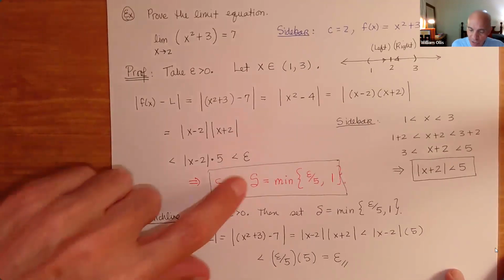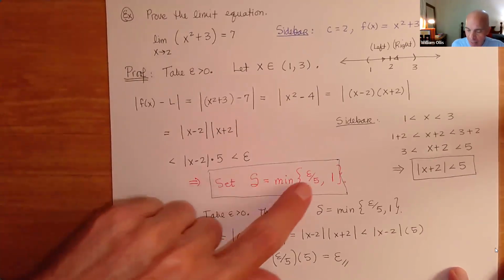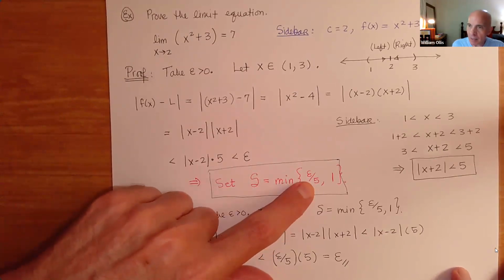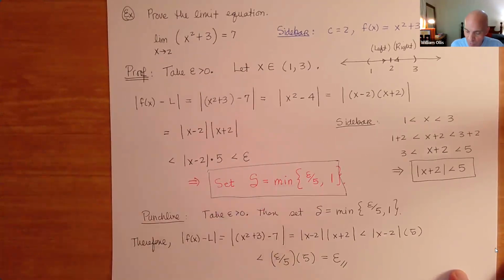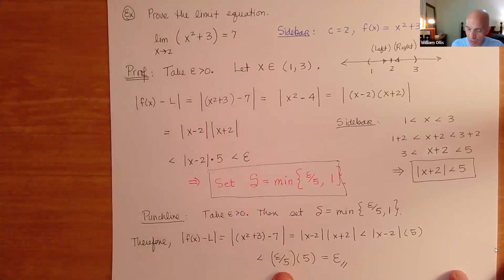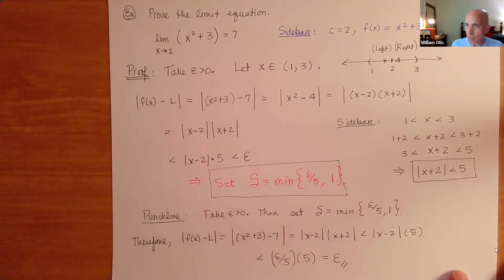So whatever value we have here, it will be less than epsilon over 5. So we can use this as an upper bound. So the arithmetic looks good.